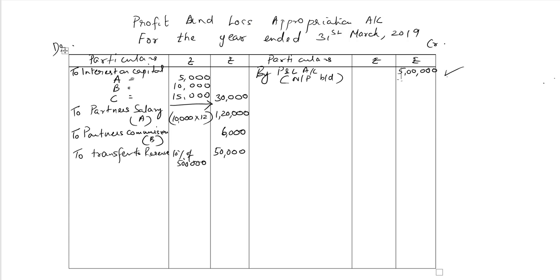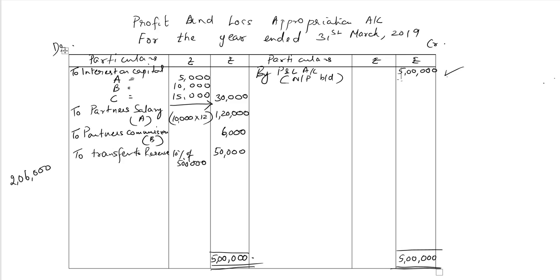The greater total, 5 lakh, on either side. The total of the debit side is 2,06,000.